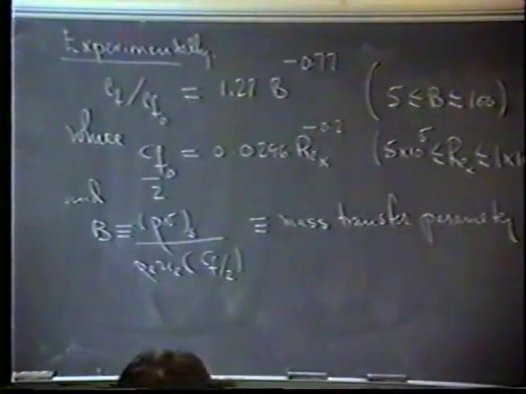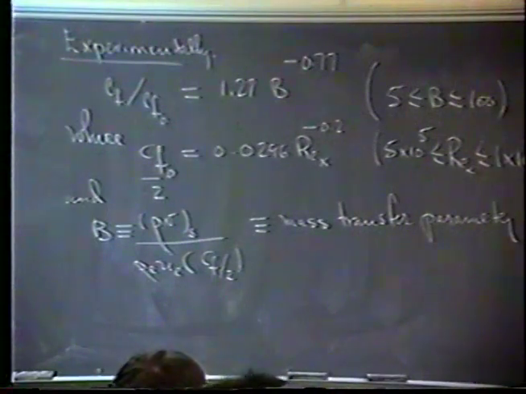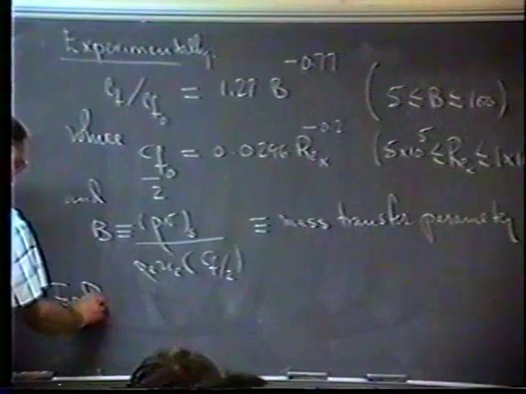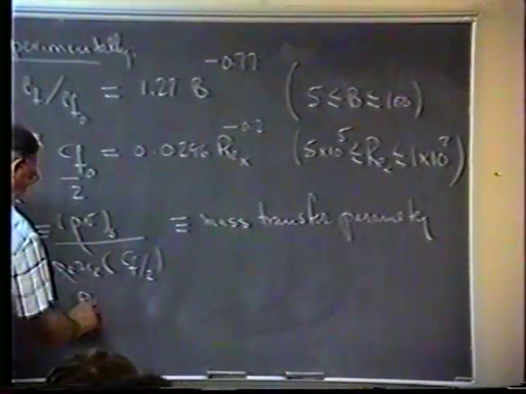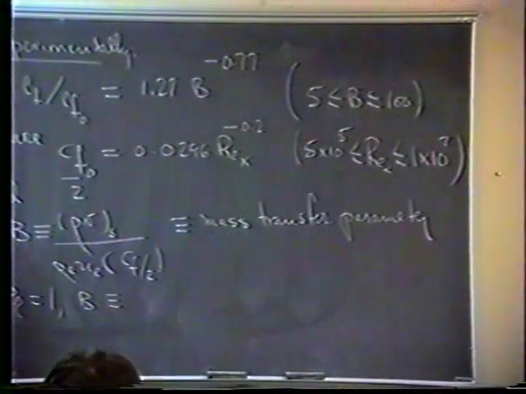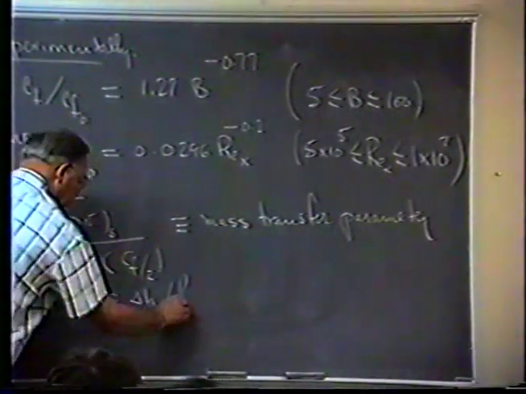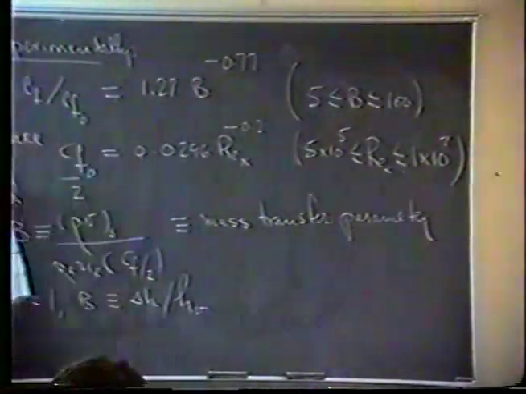And it's also got the C sub F over 2 in it, so it's an implicit embedded function. Or the function depends on itself. Now for Prandtl number equal to 1, B, the blowing parameter, is related directly to the delta H over HV, where this is H of vaporization.